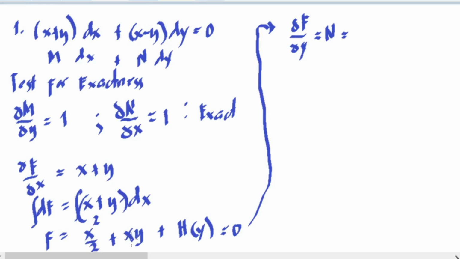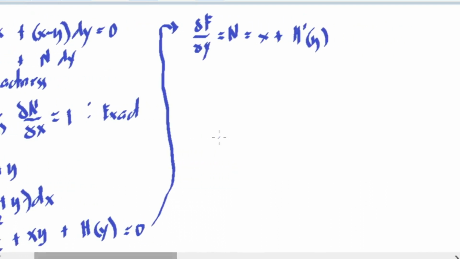So we have x plus h prime of y, and that should be equal to N. And what is our N? That is x minus y.